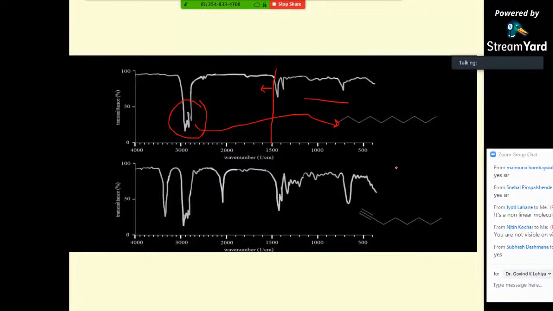Now if you consider another molecule, for example the one below, that is 1-heptyne, it contains a triple bond, and you compare both these structures. I am again drawing a straight line from 3000 and a line at 1500.